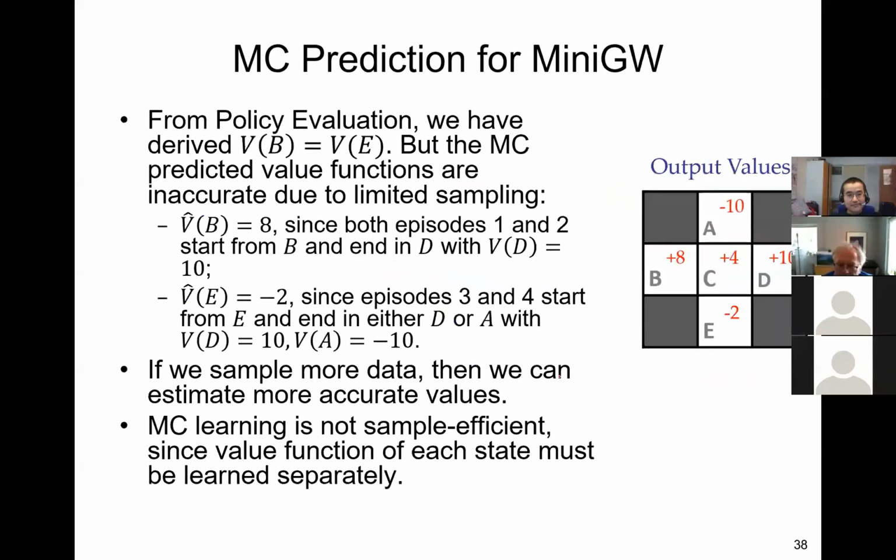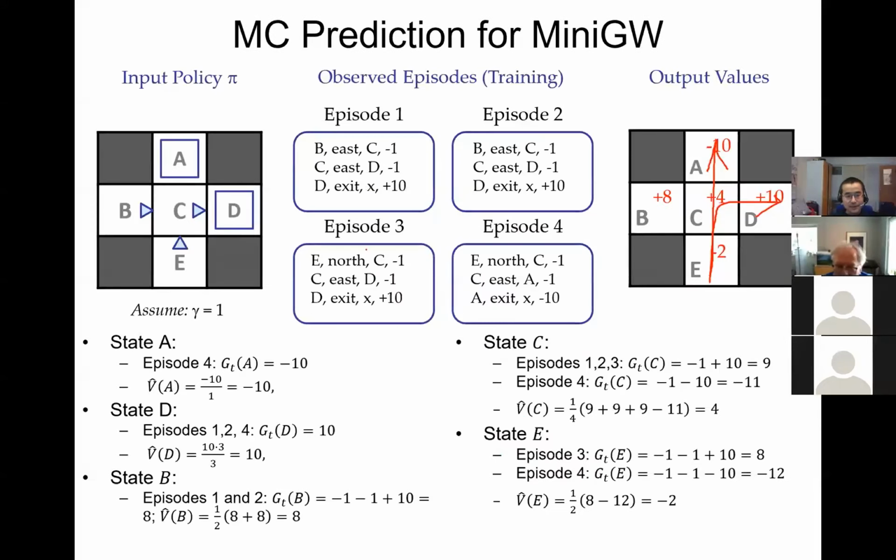So for policy evaluation, if we knew the MDP model, we could derive that VB is equal to VE. But the MC predicted value functions are inaccurate due to limited sampling, because we're estimating V hat B as 8, whereas V hat E is -2, though they are symmetric. They shouldn't be different.